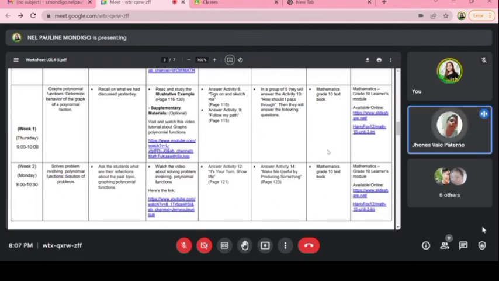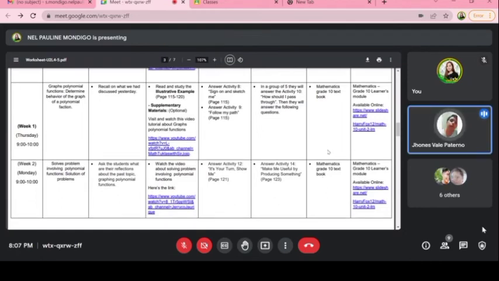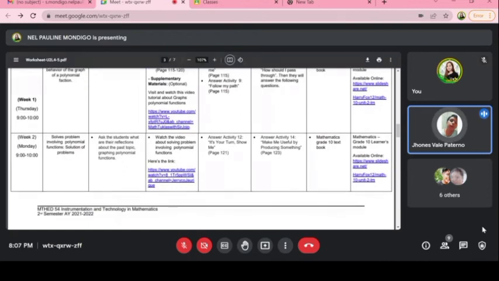In the last day, day 5, week 2, Monday, we will tackle the learning competency, solves problems involving polynomial functions, solutions of problems. Before the discussion, we will ask the students what their reflections are about the past topics, graphing polynomial functions, followed by the discussions.